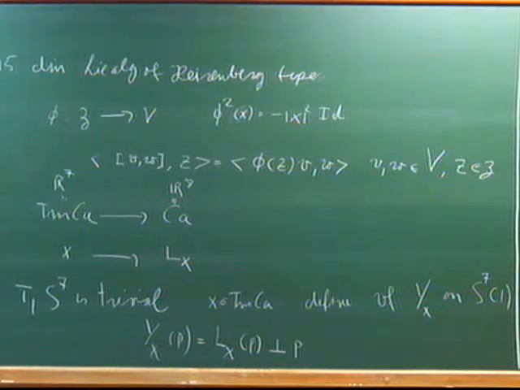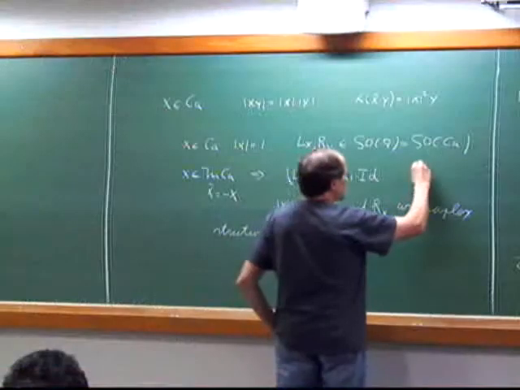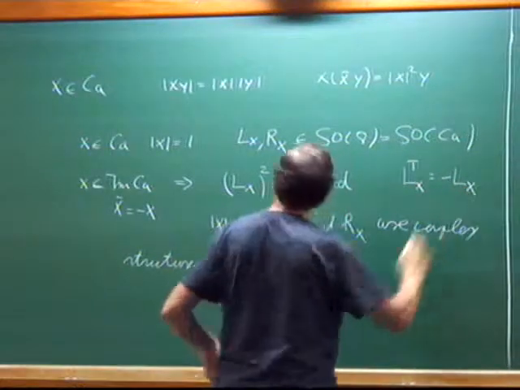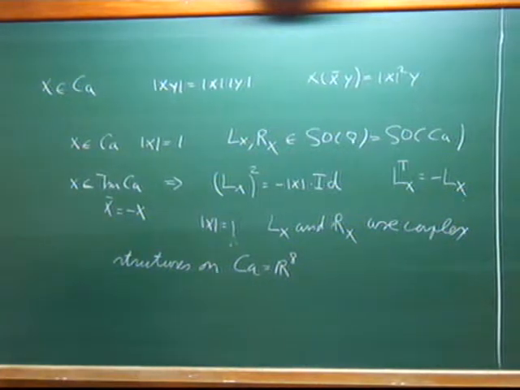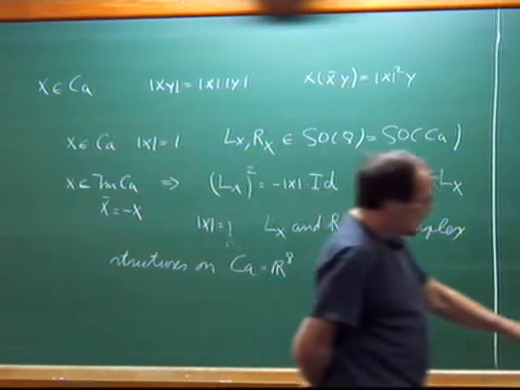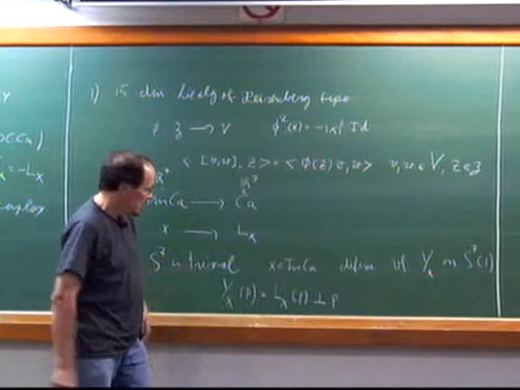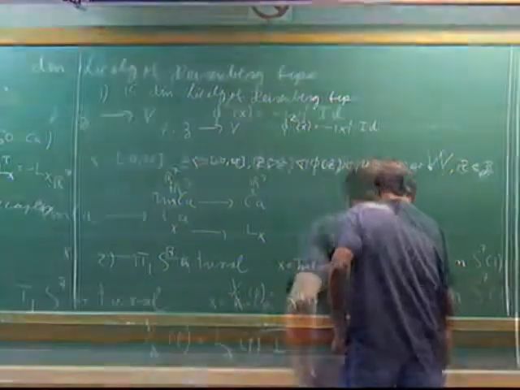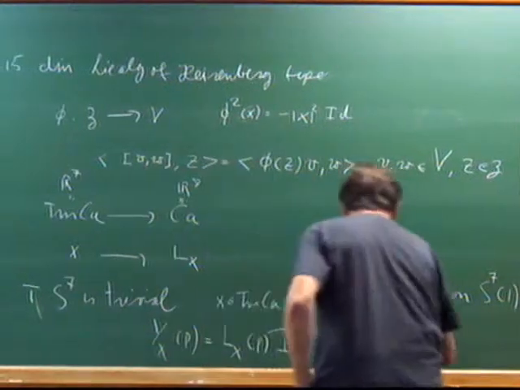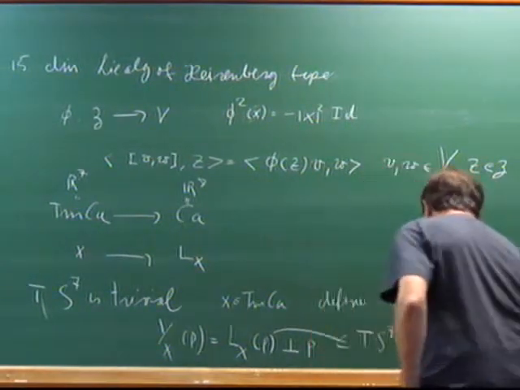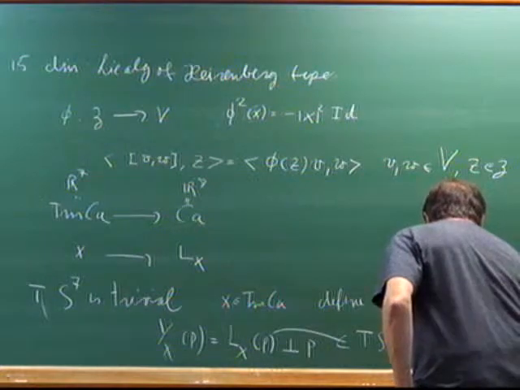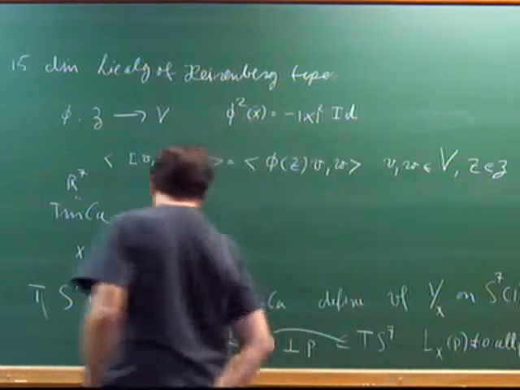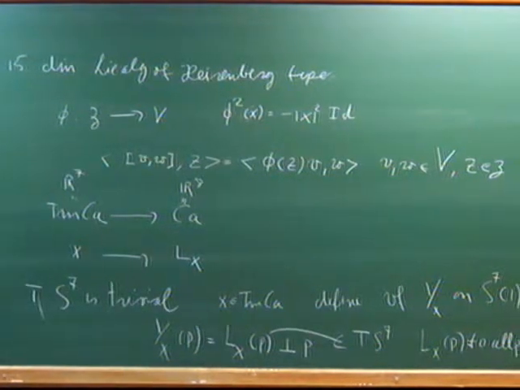Did I mention that? I didn't mention this, right? Another property we've proved is that the transpose is minus Lx if x was imaginary. So it's skew-symmetric. That means this gives me a vector in the tangent bundle of S7. And of course, Lx of p is non-zero for all p.